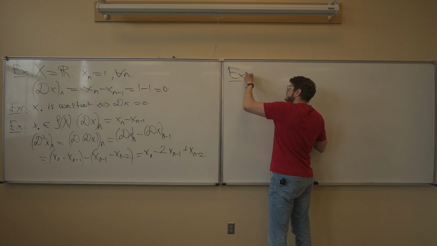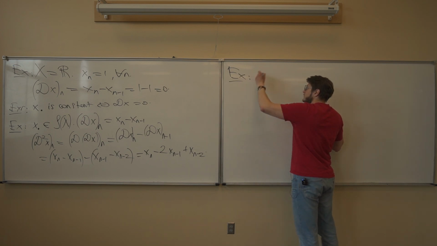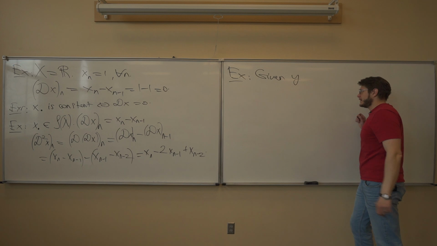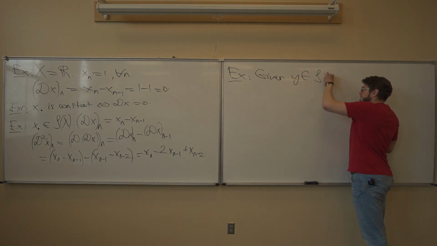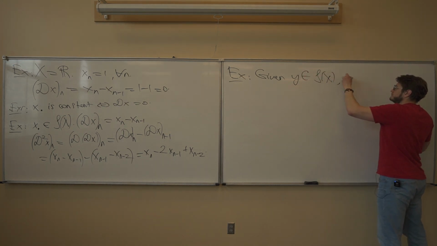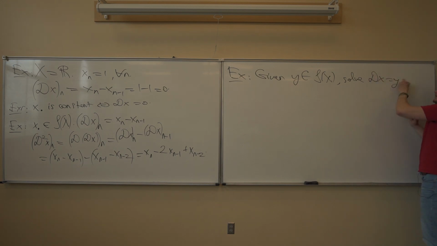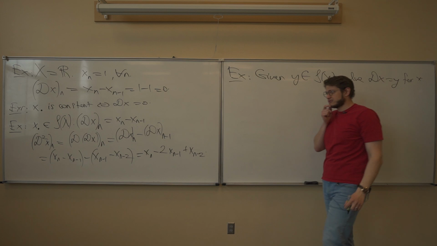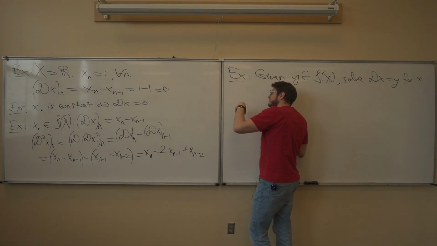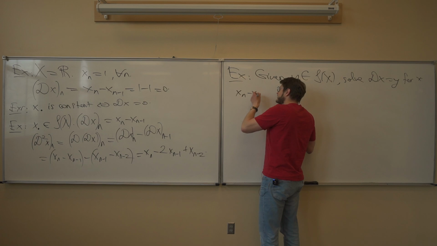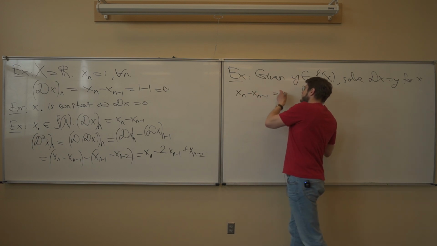Example. Given a sequence y, solve dx equals y for x. How can I do that? Well, I'm just going to say for an arbitrary n, this means that x sub n minus x sub n minus 1 equals y sub n.